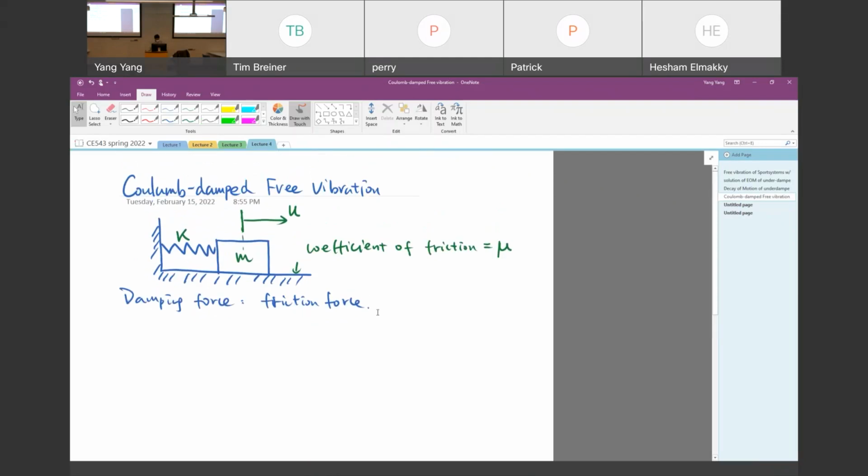So in order to solve this type of problem, we need to formulate the equation of motion. We have two cases. The first is motion of the mass to the left.